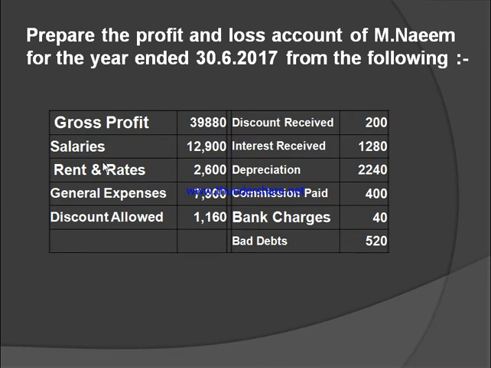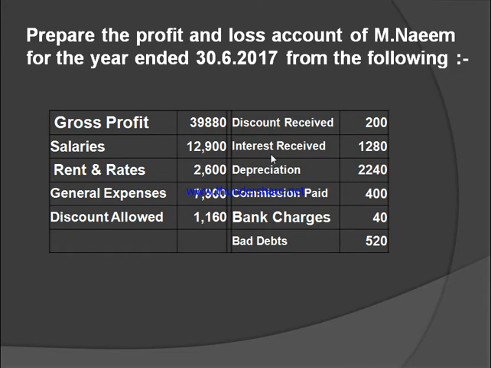Then salaries, rent and rates, general expenses, discount allowed. All these are expenses which we will write down on the debit side of the profit and loss account. Then discount received and interest received. These are the sources of other incomes.